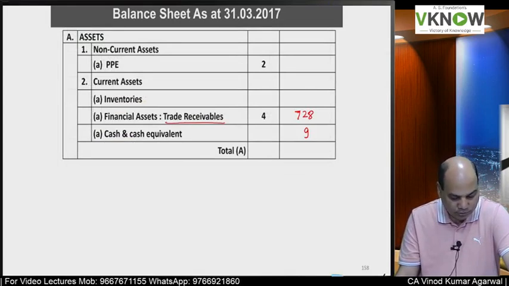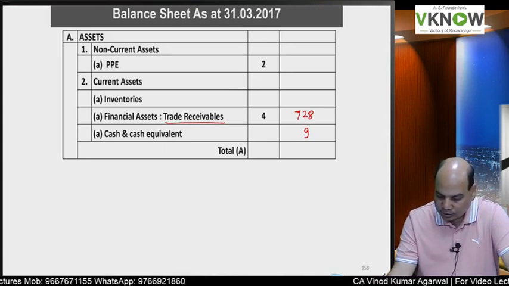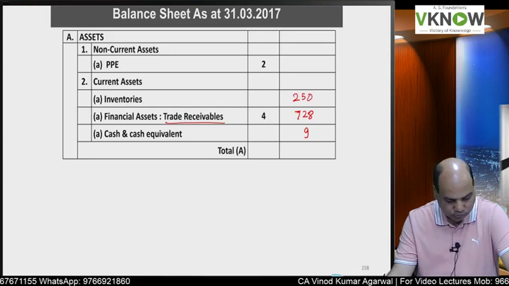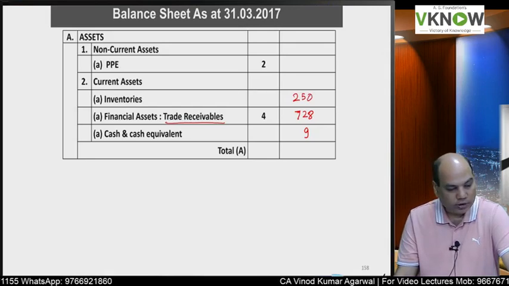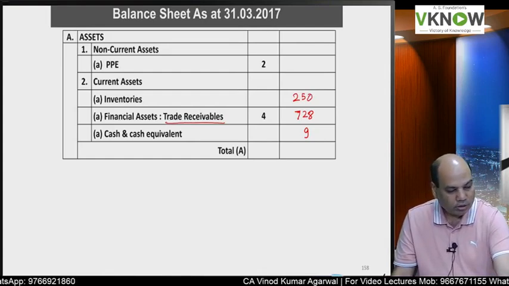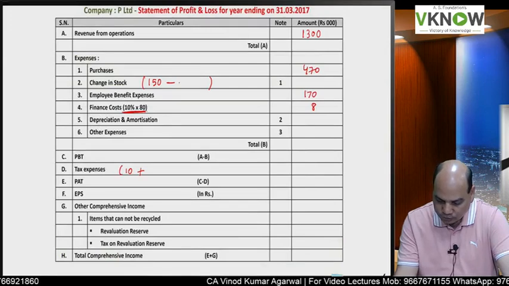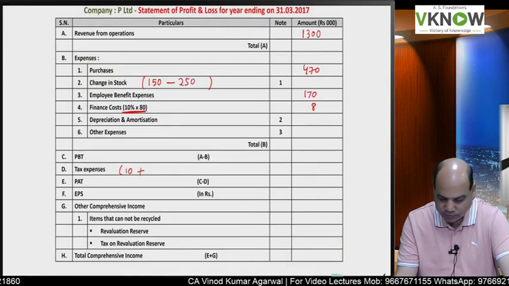Additional information, closing inventory is 250. So one effect in the balance sheet on the asset side, inventory. Can I write 250 here? Balance sheet, one effect, inventory 250. And change in stock also we have to write, 150 minus 250.